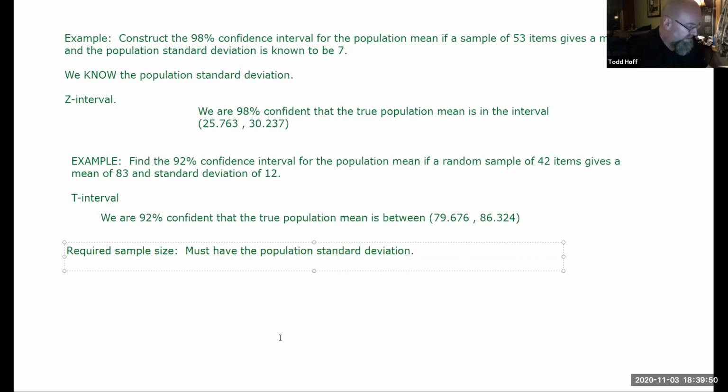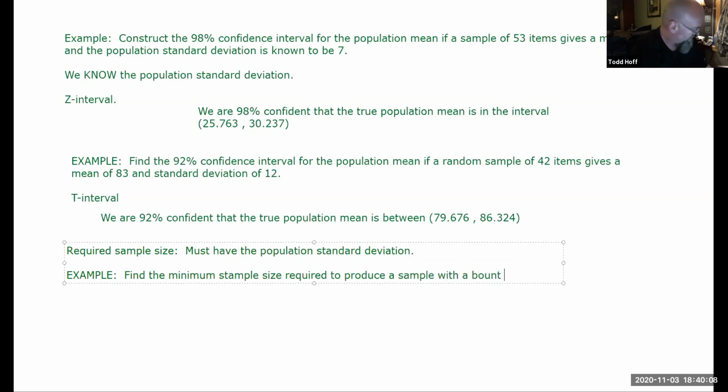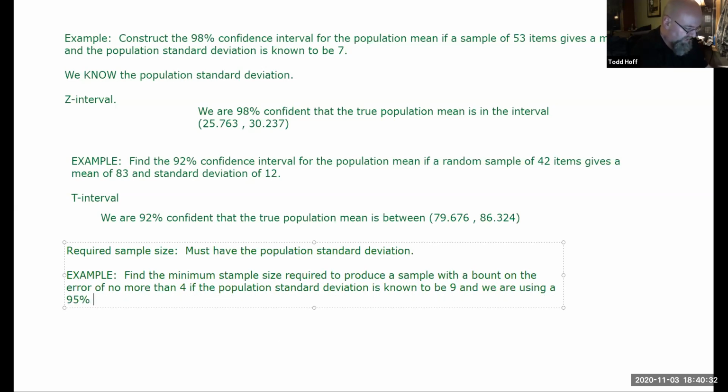Let's say that we have, find the minimum sample size required to produce a sample with a bound on the error of no more than 4 if the population standard deviation is known to be 9, and we are using a, well, let's just go with a 95% interval.